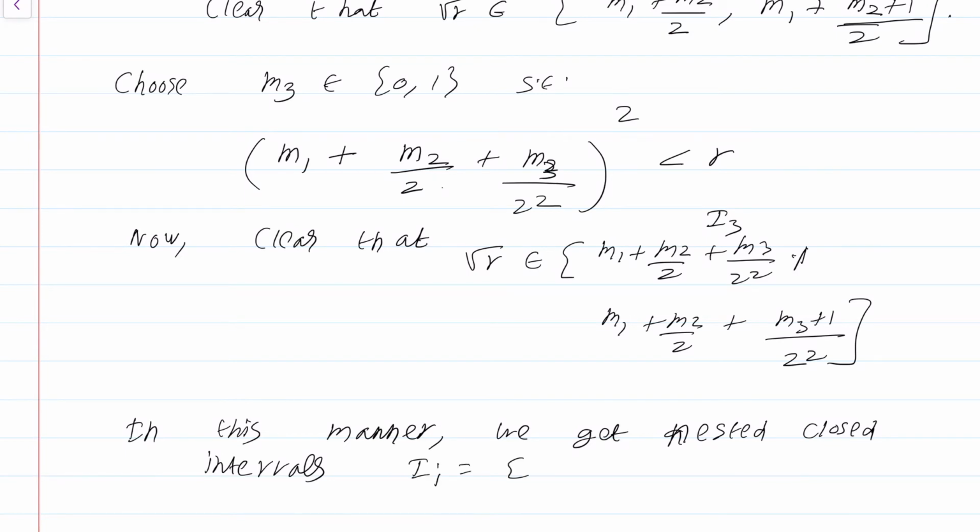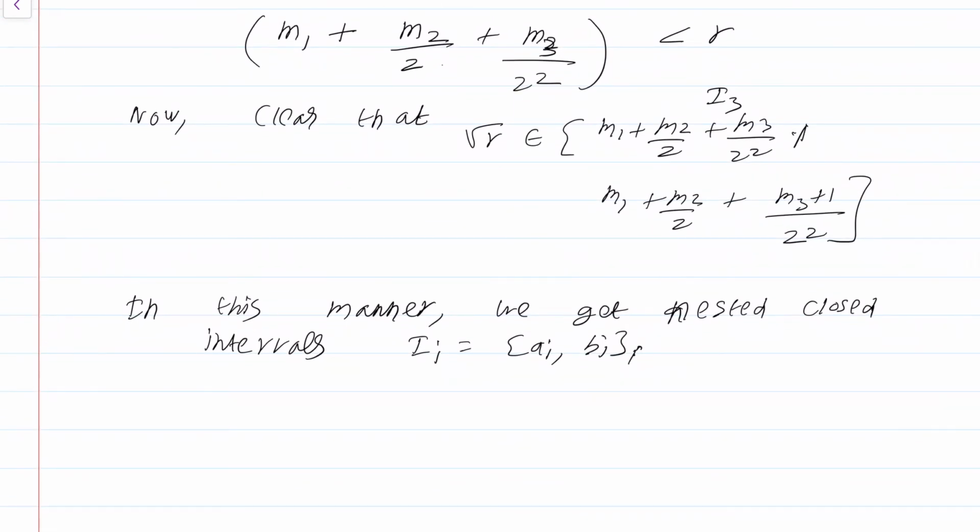I_i, which I'm going to call [a_i, b_i]. The property of these [a_i, b_i] is that they are intervals such that r is always an element of [a_i², b_i²].